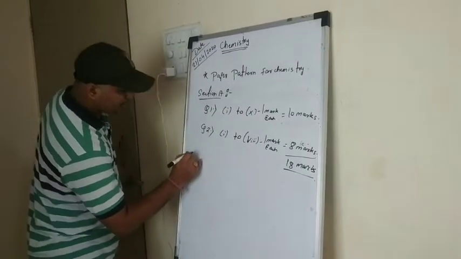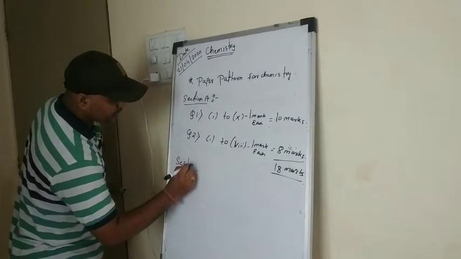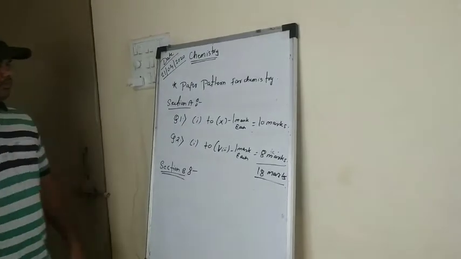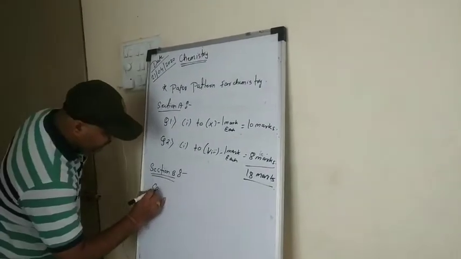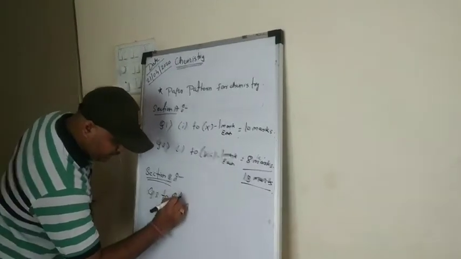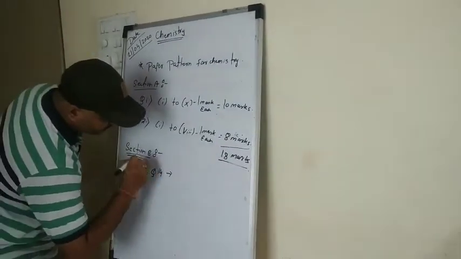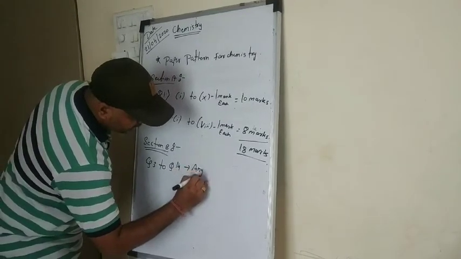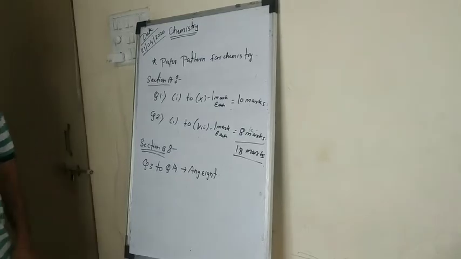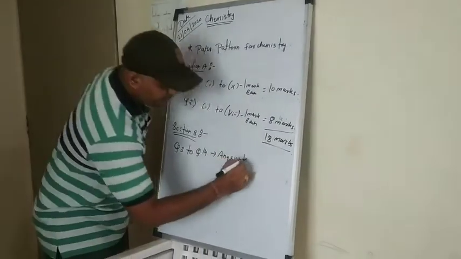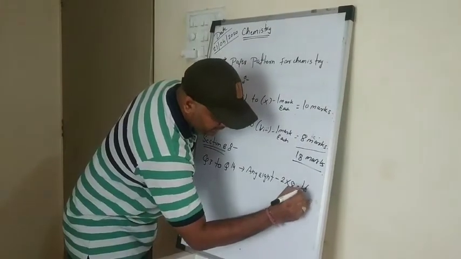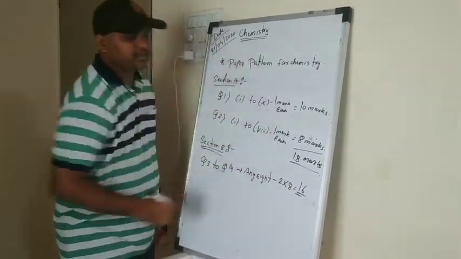Okay, now let's talk about Section B. It starts from question number 3 till question number 14, and you get the option to attempt any 8 out of 12. This is for 2 marks each, so 2 into 8 equals 16 marks, right?